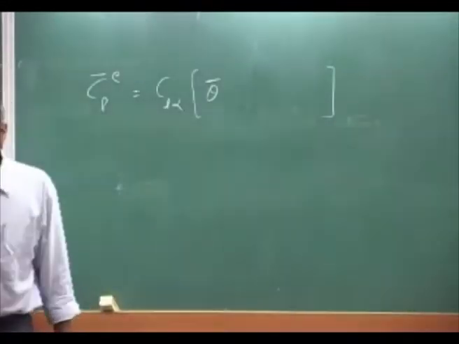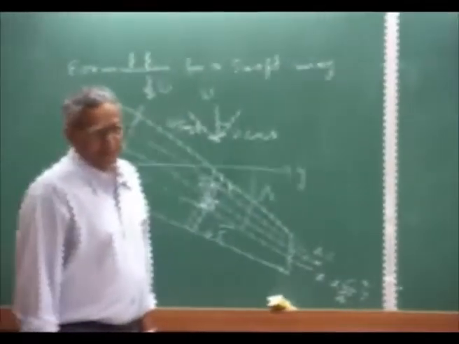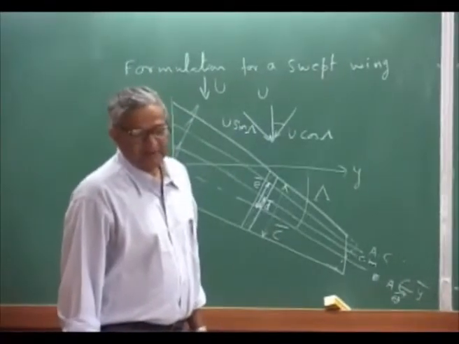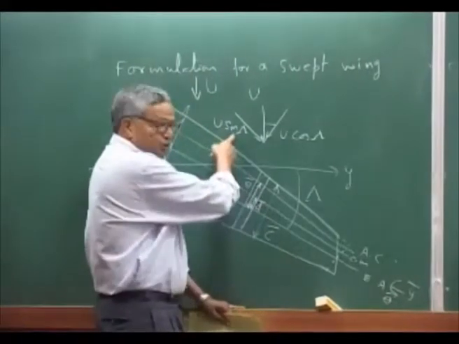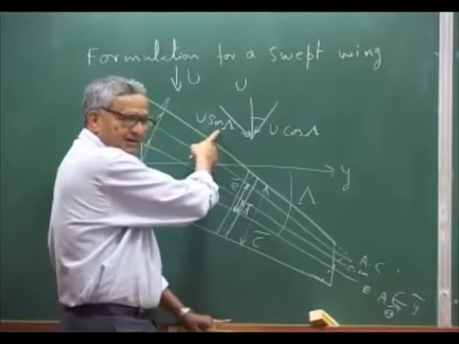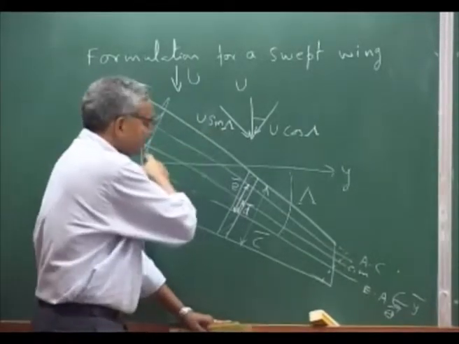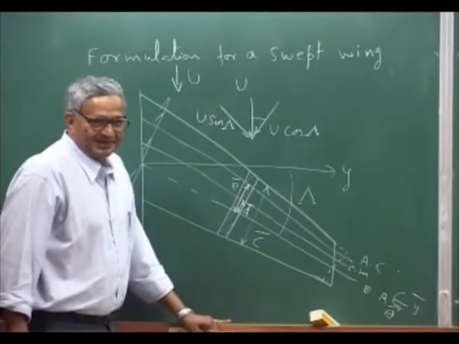Then there is one more component which you have to take because of bending deformation. How that comes about is U sin lambda is going along the y bar, right?